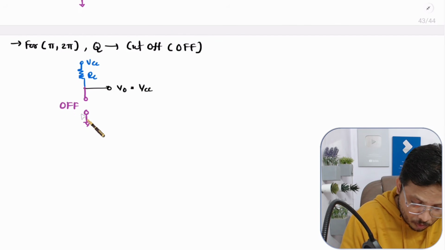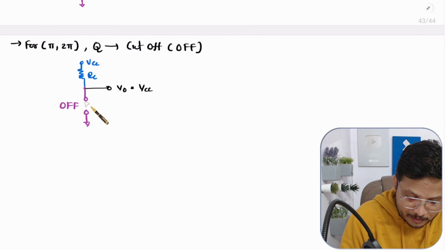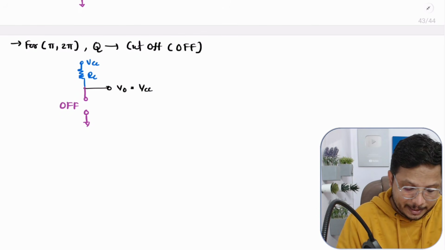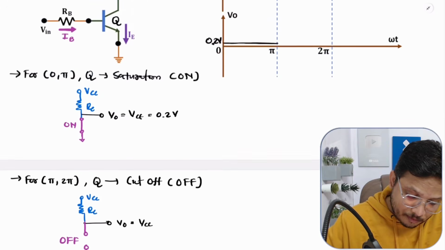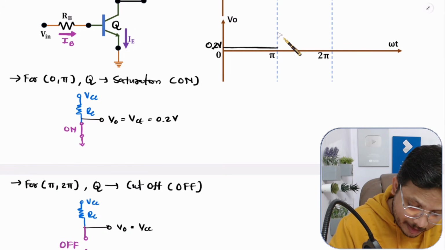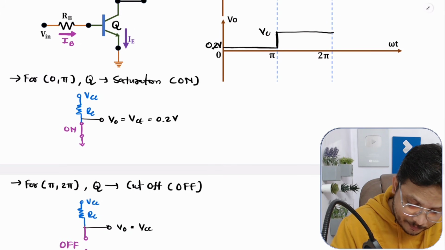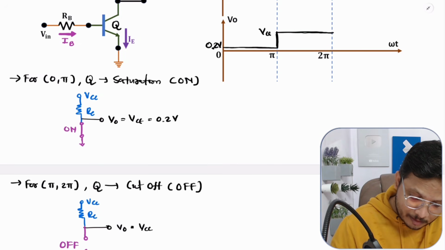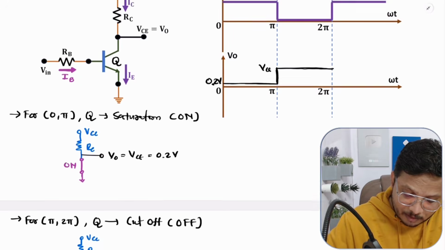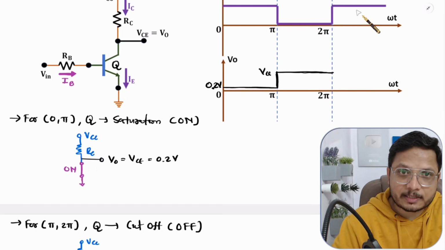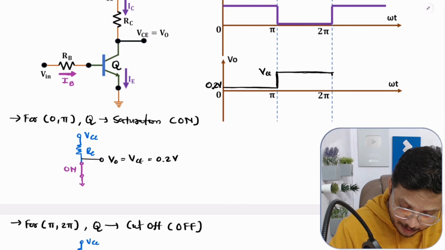The reason is no current will flow through this, so this VCC will appear at the output. So you can say your waveform at output will be like this. It will be simply VCC. This is what keeps on repeating in the square wave.